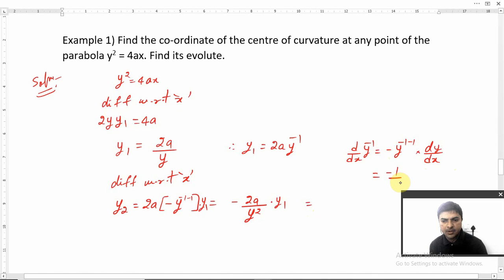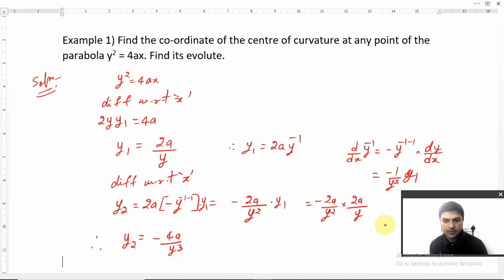So this is equal to minus 1 upon y square, and dy upon dx I have taken as y1. So therefore we can simplify y1; the y1 value we know already here, students, it is 2a divided by y. So minus 2a divided by y square into 2a divided by y. So that implies y2 is equal to minus 4a square divided by y cube. So this is how we find y1 and y2.